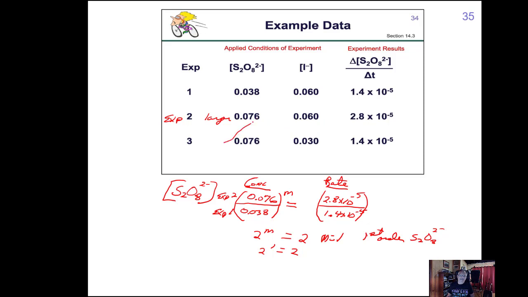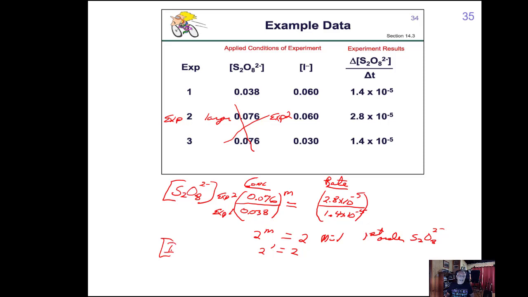By keeping it the same for peroxydisulfate, this will not have an influence on the rate of the reaction, whereas the concentration that's changed for iodide will. And in this case, experiment 2 is the larger value, 0.060, and experiment 3 is the smaller value. So let's go ahead and solve this problem for iodide.